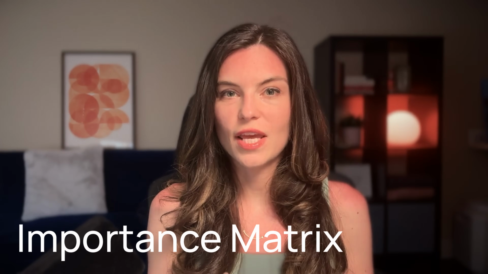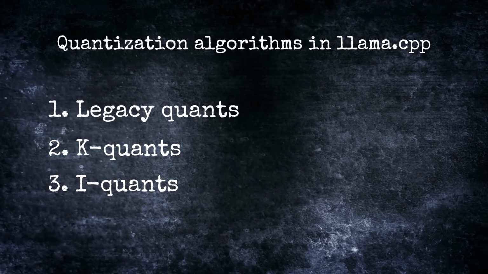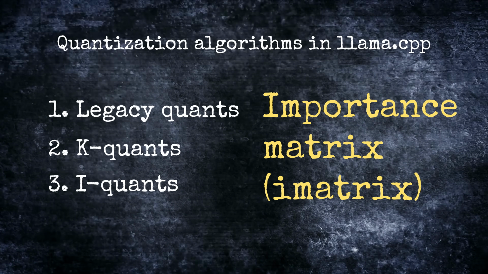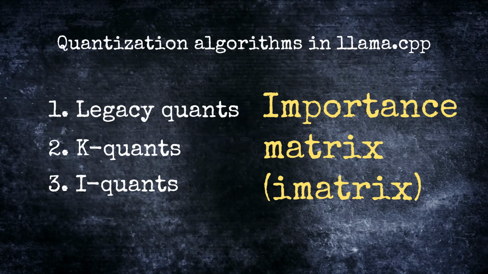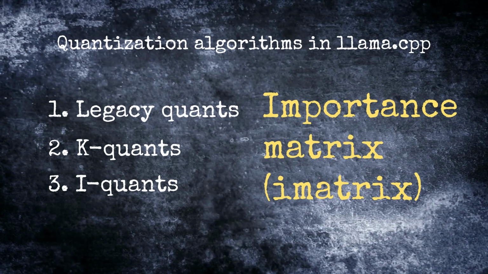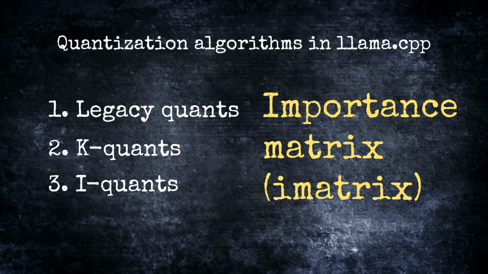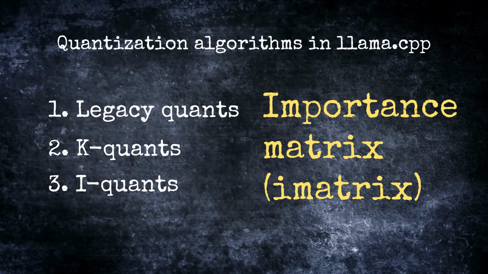So what does the I in I-quants stand for? The answer is a little bit nuanced. Most likely, I stands for importance, as in importance matrix. The importance matrix was added at the same time with I-quants, but it's actually an orthogonal concept that can be applied to legacy and K-quants as well.